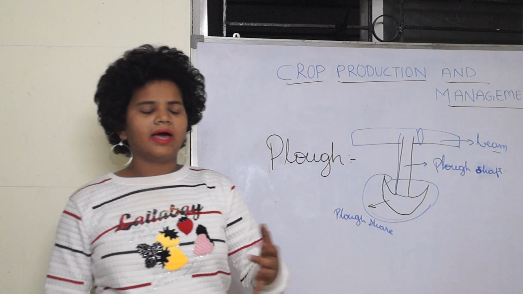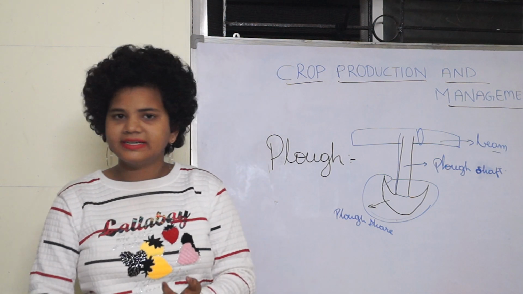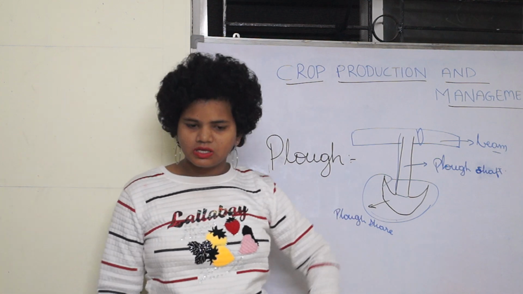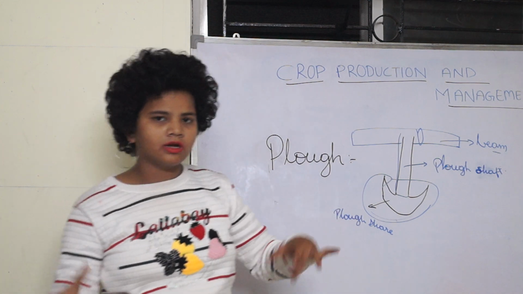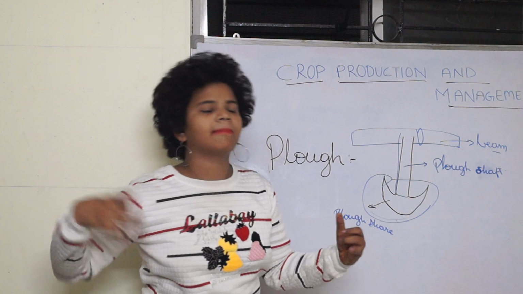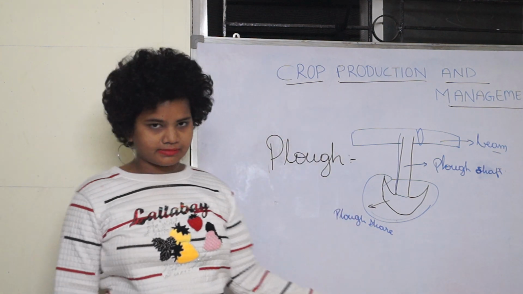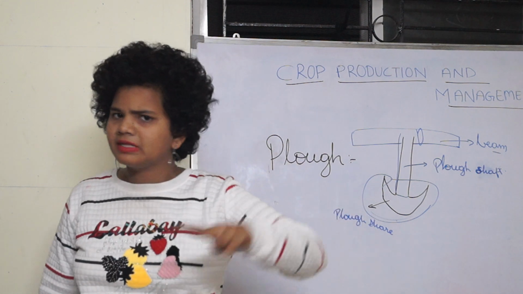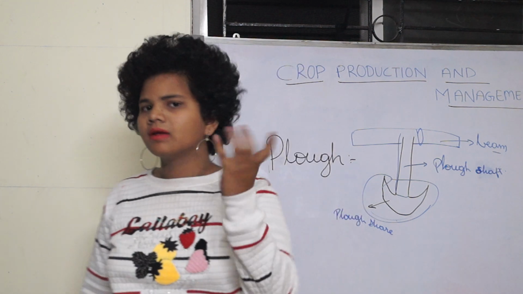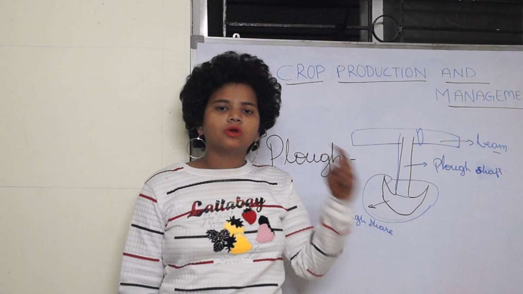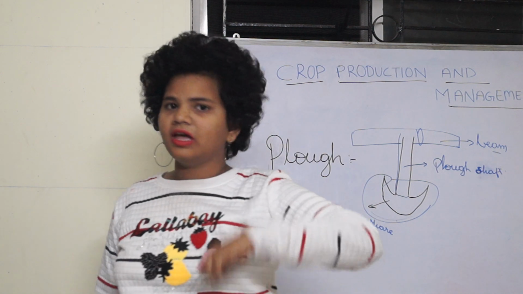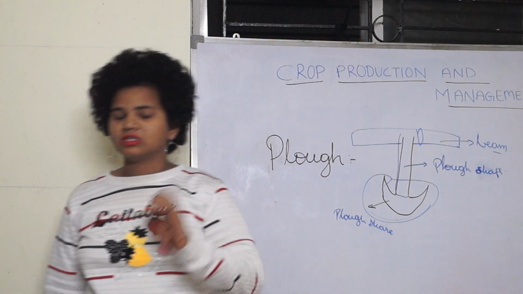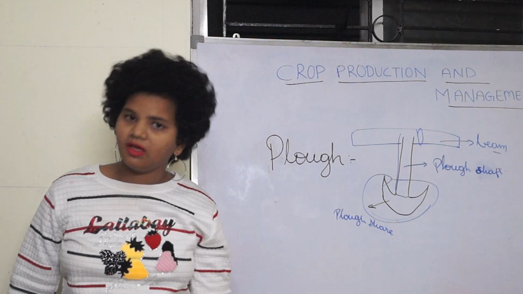And now we have plants and animals. Some plants and animals die. When plants and animals die, they decompose in the soil by microorganisms, right? That's why microorganisms such as earthworms are called friends of the farmer.